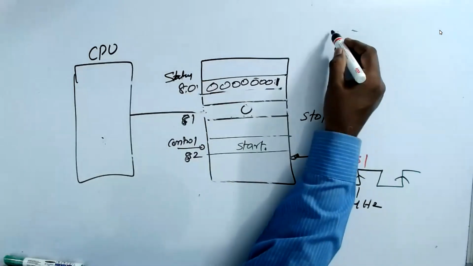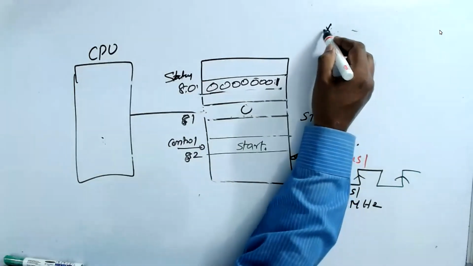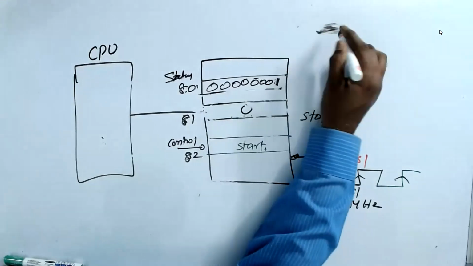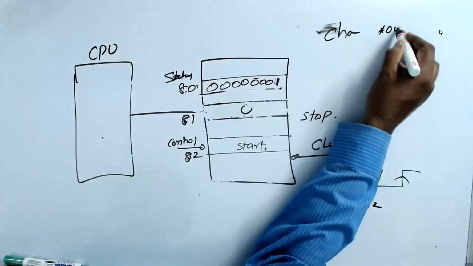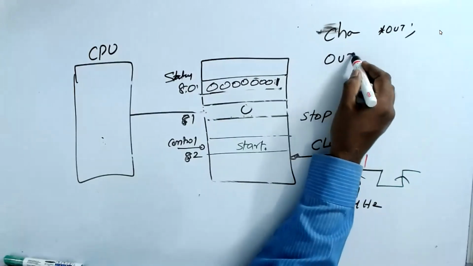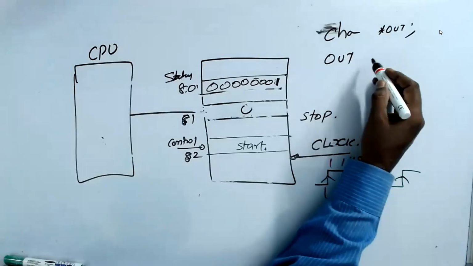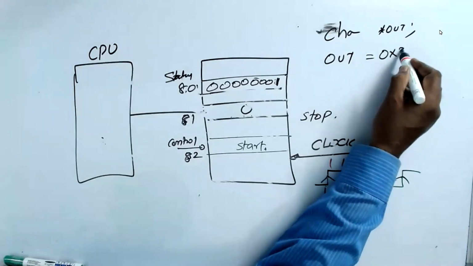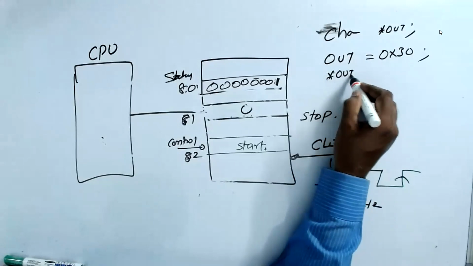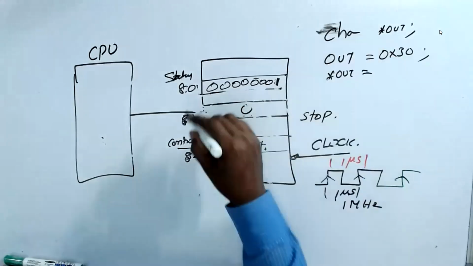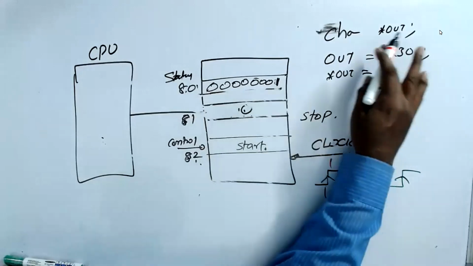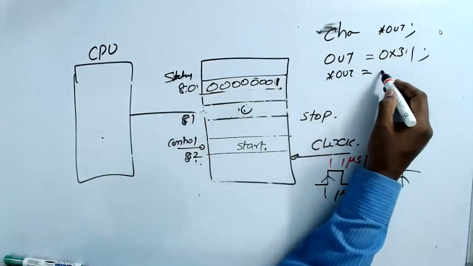I write char star out, out is equal to 0x30. Sorry, I don't want this, I want 0x31. I'll say it is equal to 1000.